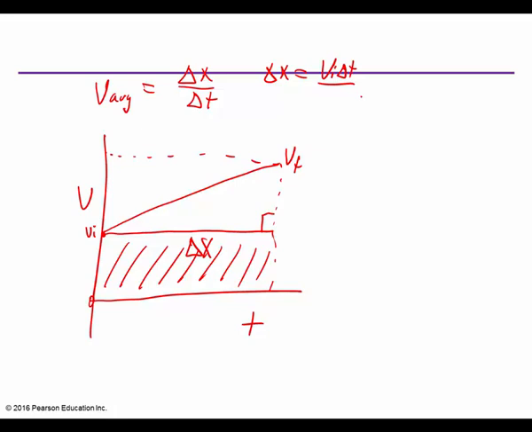Well, we have a right triangle, and we know that the area of a right triangle is 1/2 the base times the height. We know that, okay? So let's take this and let's look at this. So we have 1/2 the base times the height, okay?